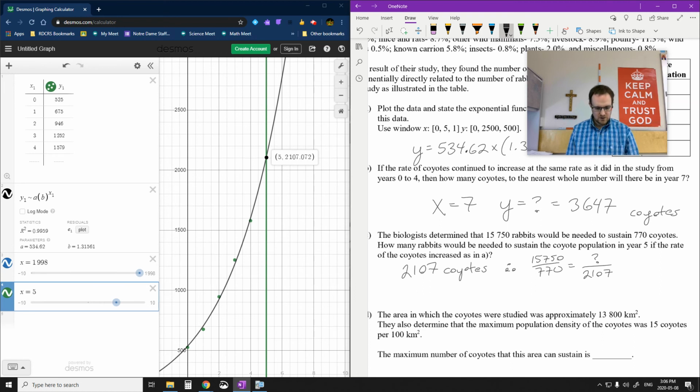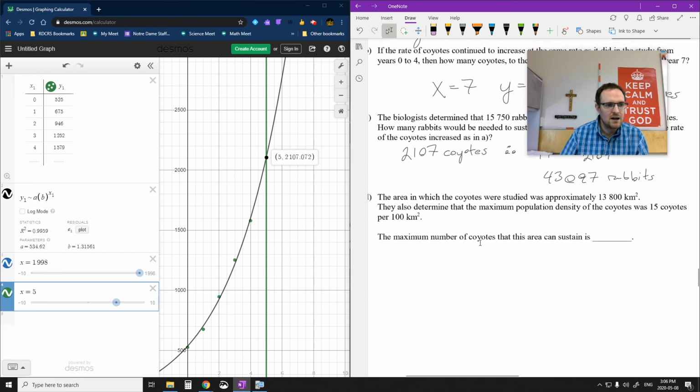Calculator, 2107 times 15,750 divided by 770. Okay, so we would need 43,097 rabbits to sustain this population. That's a lot of rabbits.